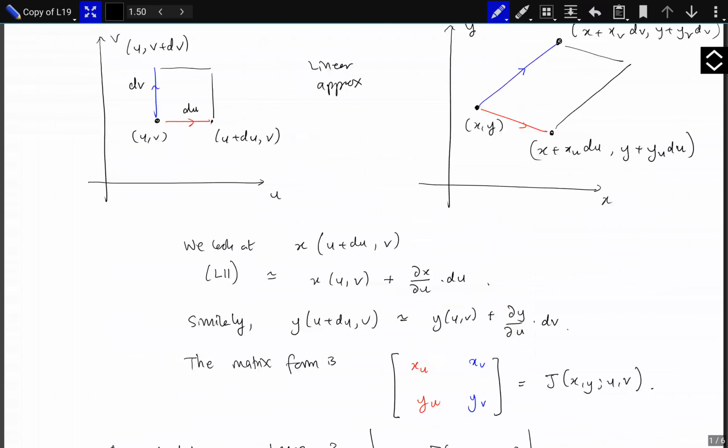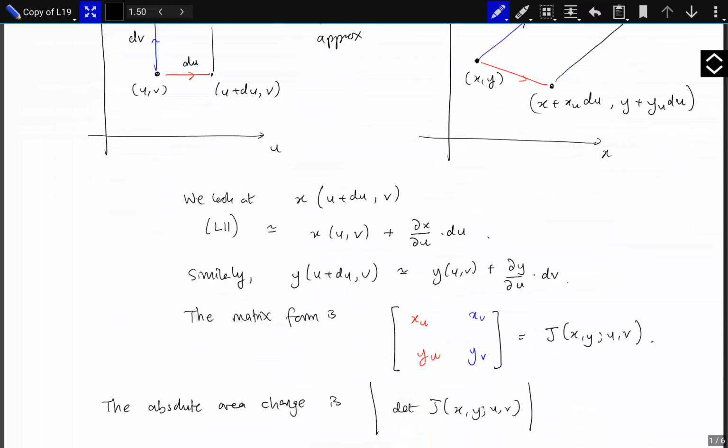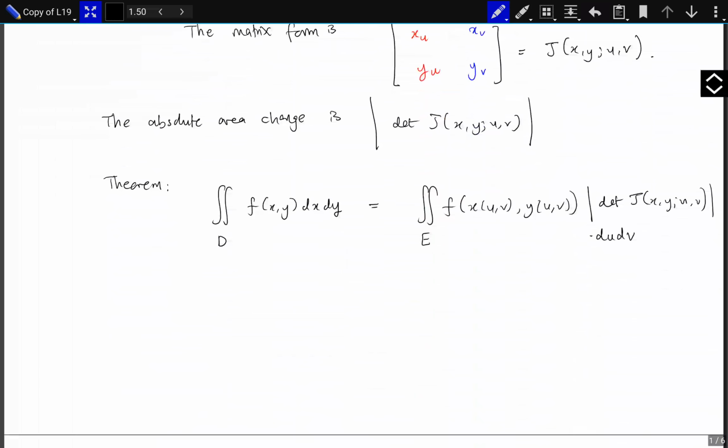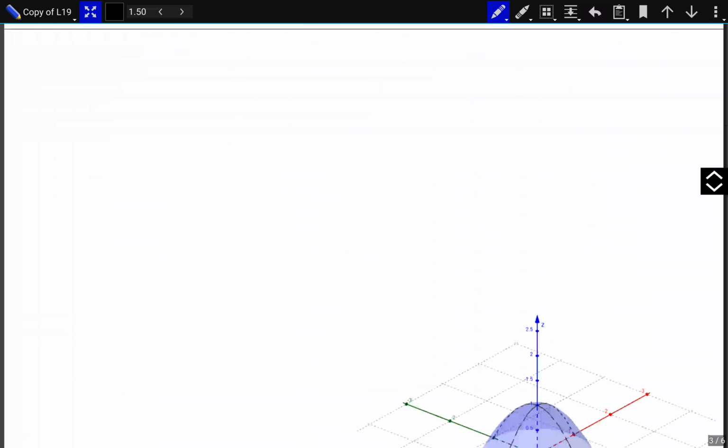The idea is the area here and the area here are different, and the scaling factor is exactly the absolute value of the determinant of the Jacobian.